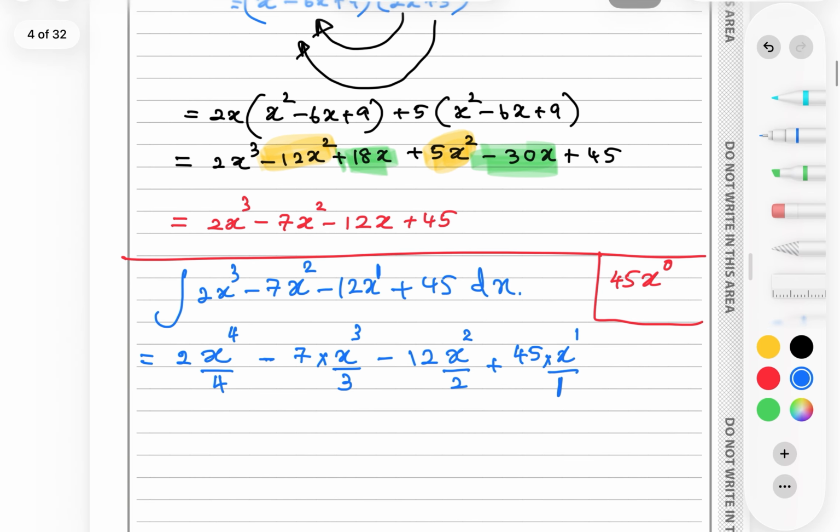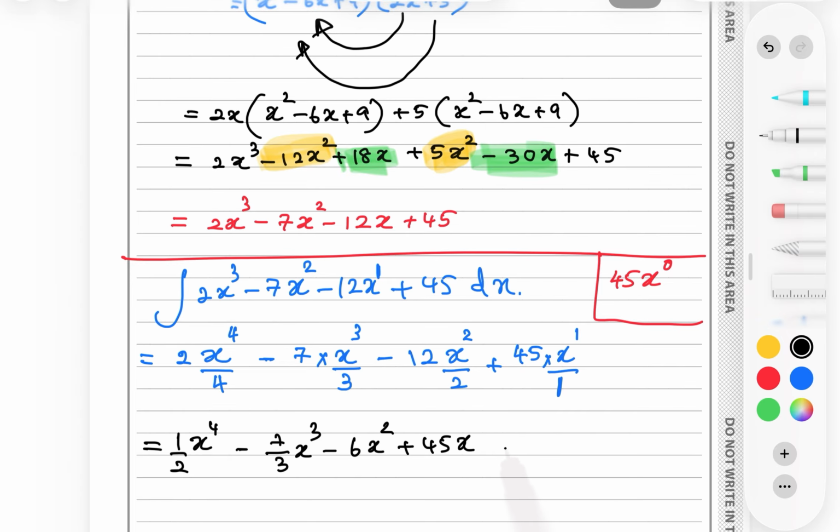So with this, we will get our integrated answer by simplifying these calculations: x to the power 4 over 2 minus 7 over 3 x to the power 3 minus 6x squared plus 45x.